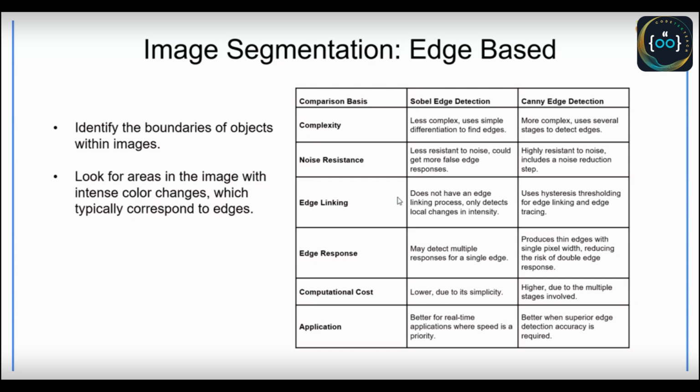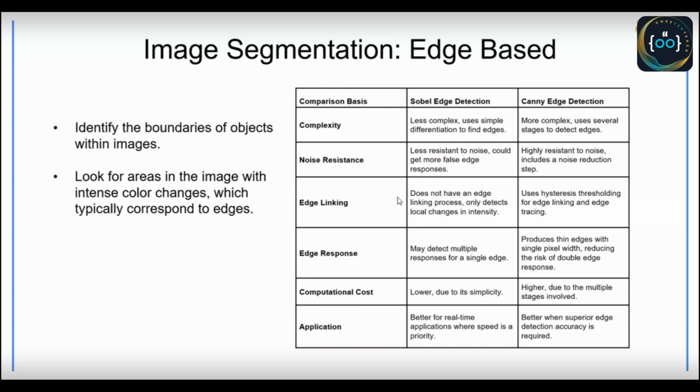One kernel responds to edges running vertically and the other to edges running horizontally. The kernels can then be combined to find the absolute magnitude of the gradient at each point and the orientation of that gradient. However, the Sobel operator is quite sensitive to noise, and it may produce thicker edges as it could find multiple responses for a single edge.